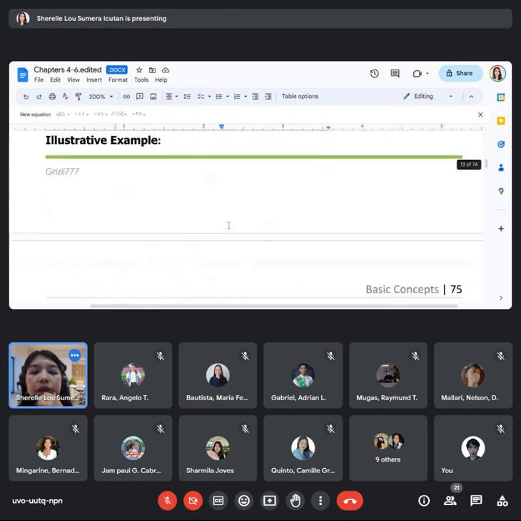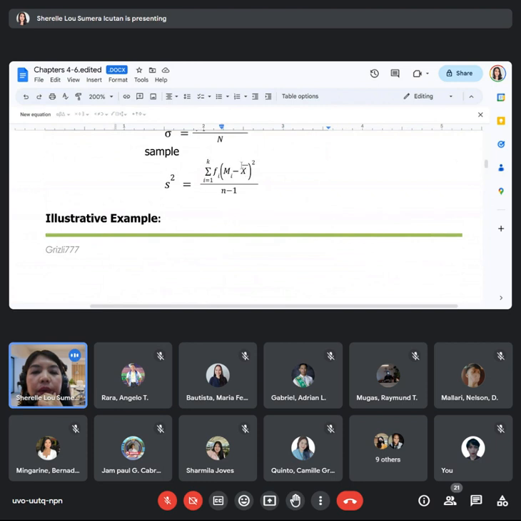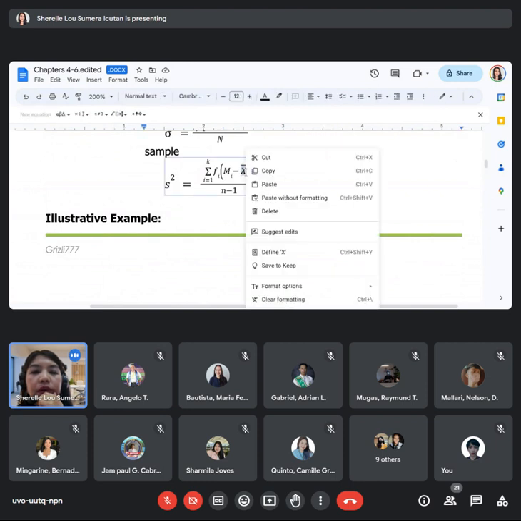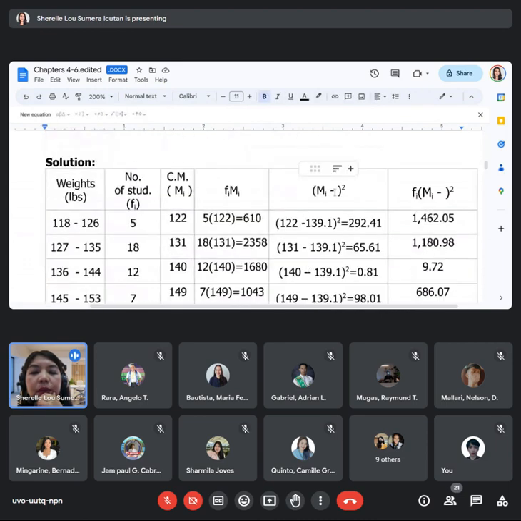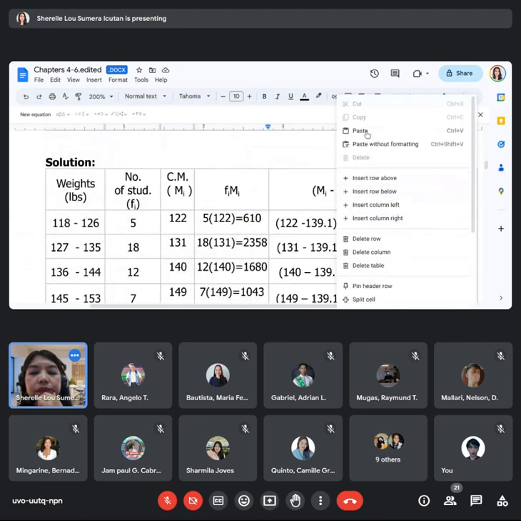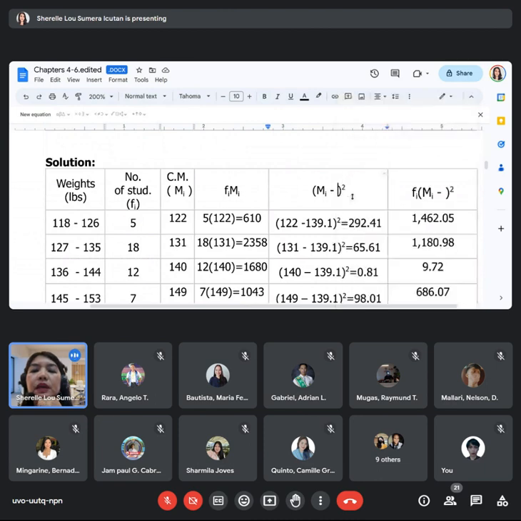So, I'll put it here, Mi minus X bar. X bar is the mean.